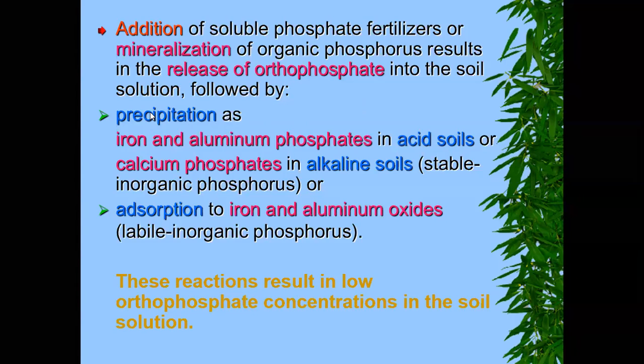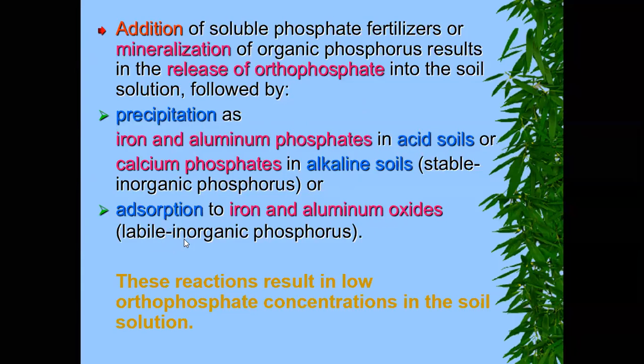When we say precipitated, it means it no more remains available, it becomes insoluble either with iron and aluminum in acid soils or with calcium phosphate in alkaline soils, or it may undergo adsorption on iron and aluminum oxides, right?